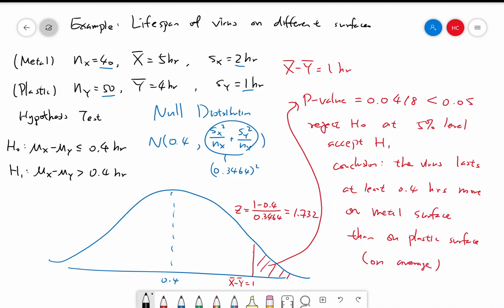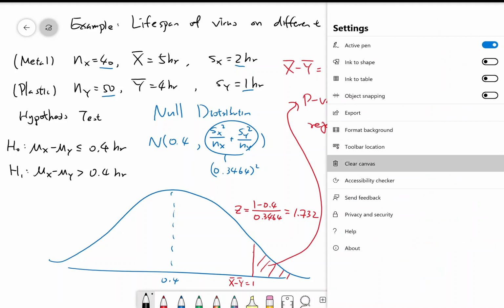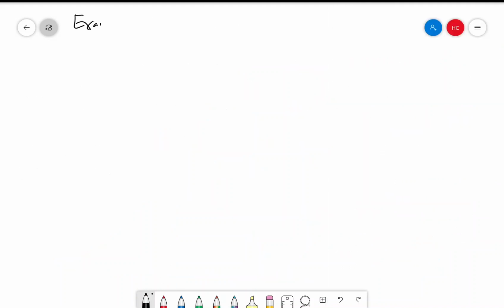Okay, so let's do a different example. Let's do the same thing. We use the lifespan of the virus, but now we test in different climates. So we test the lifespan of the virus in a colder climate and in a warmer climate.